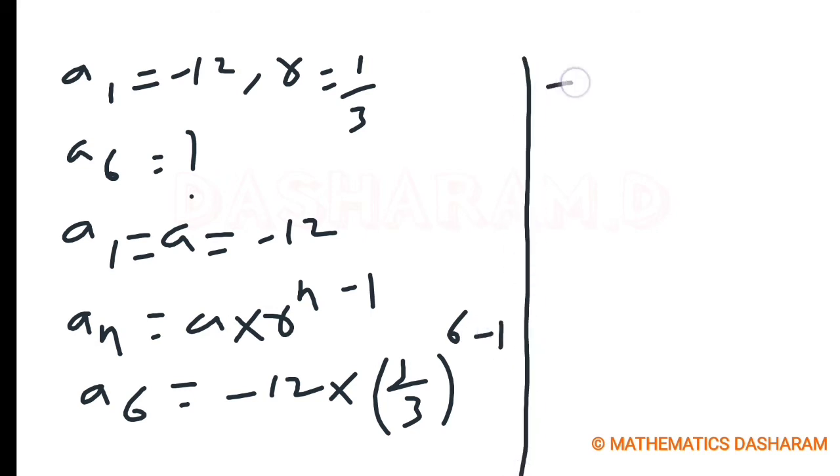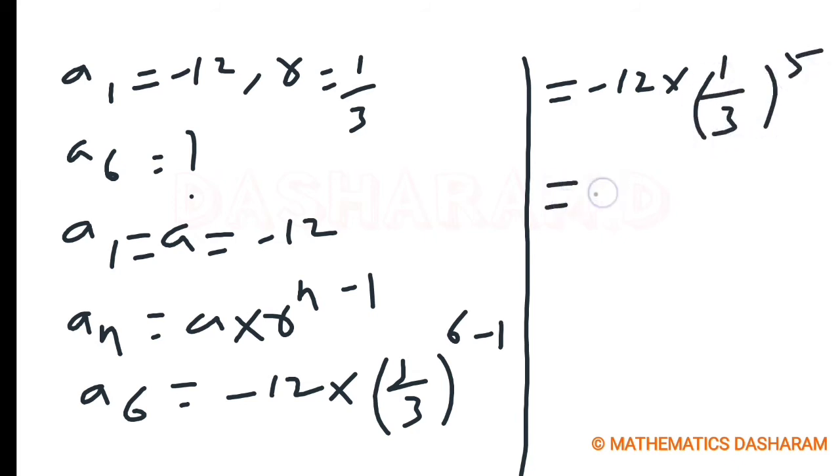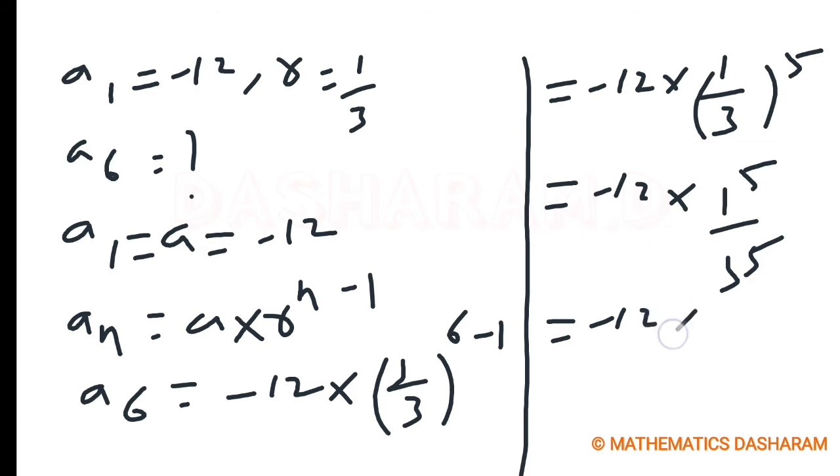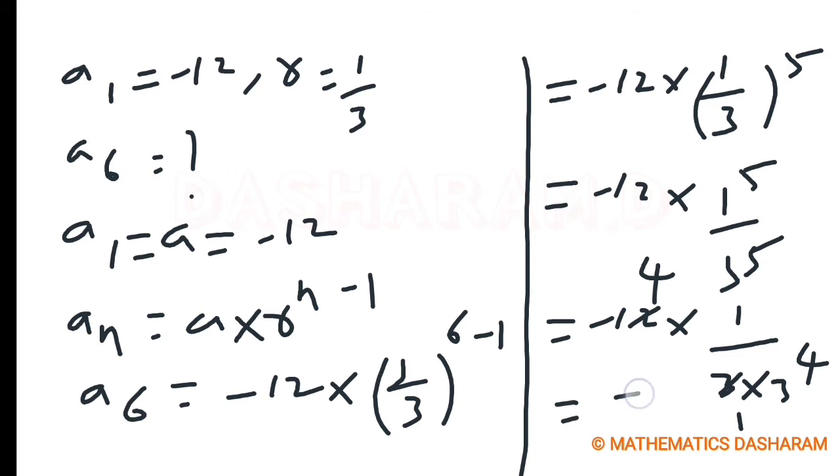It equals minus 12 into 1 by 3, and 6 minus 1 is 5. It equals minus 12 into 1 to the power of 5 by 3 to the power of 5. 1 to the power of 5 is 1, and 3 to the power of 5 I am writing as 3 into 3 to the power of 4. 3 ones are 3, 3 fours are 12. So it equals minus 4 by 3 to the power of 4.